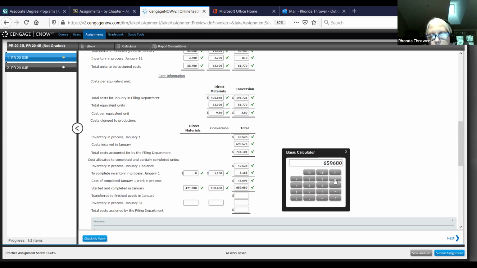So I'm going to add my beginning inventory to my started and completed. And that's going to give me what I transferred, which is $705,376. I would check my work here.